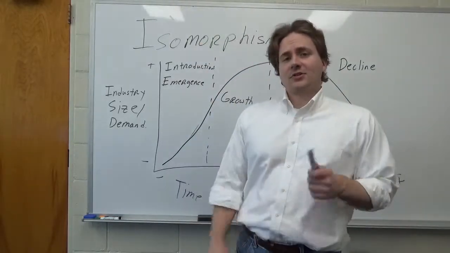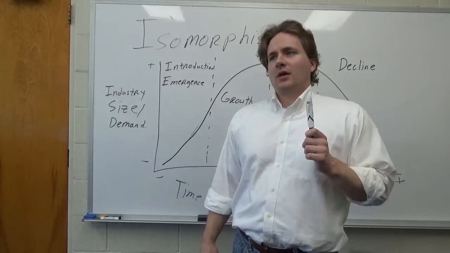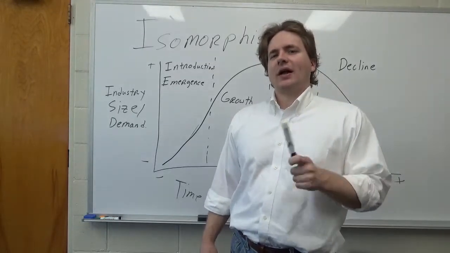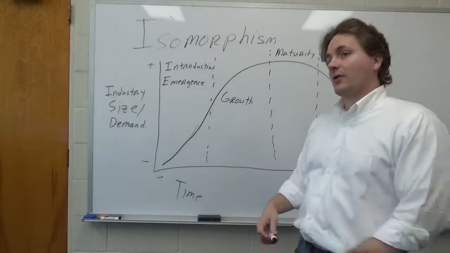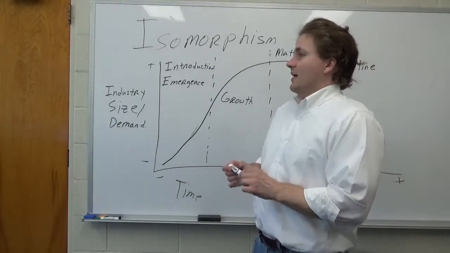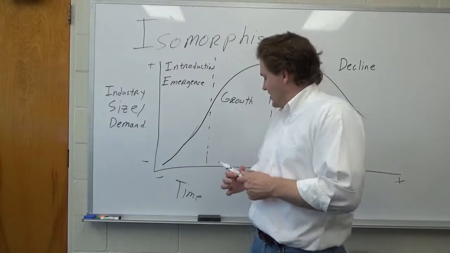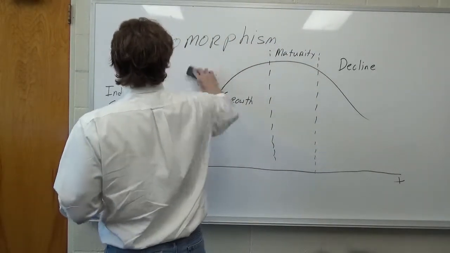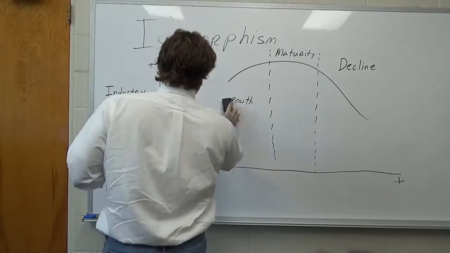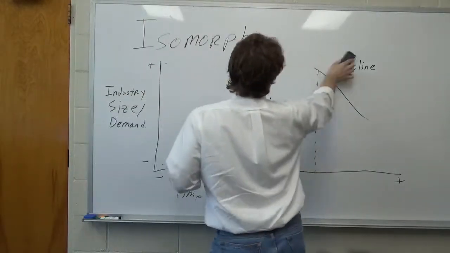Now, the next part that I want you to think about. Not all industries ever enter the decline phase. That's not necessarily true. In fact, you can actually have renewal of individual products. Let me explain what I mean.